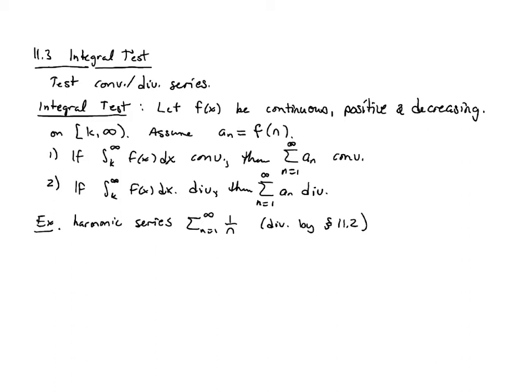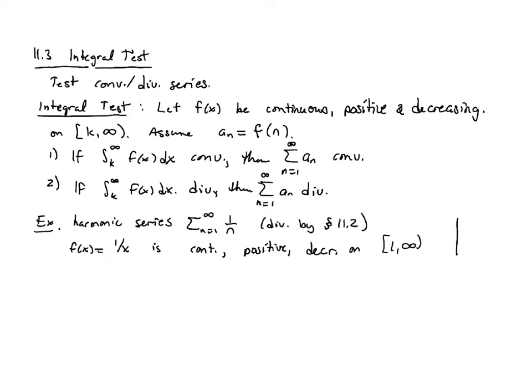But I want to give another explanation for why it diverges, and one that's a little bit less technical. And the point is that this function, f of x equals 1 over x, is continuous, positive, and decreasing on the interval from 1 to infinity.